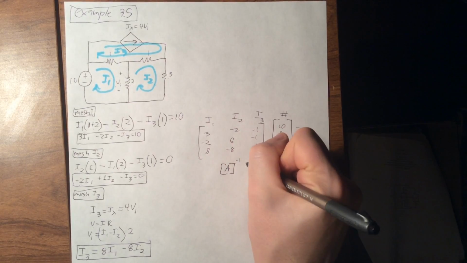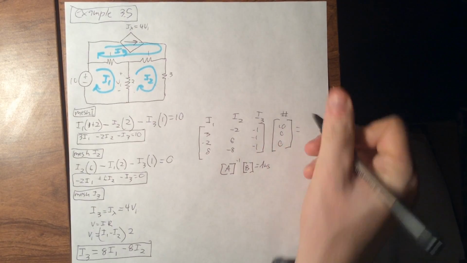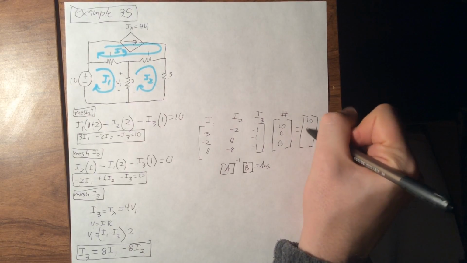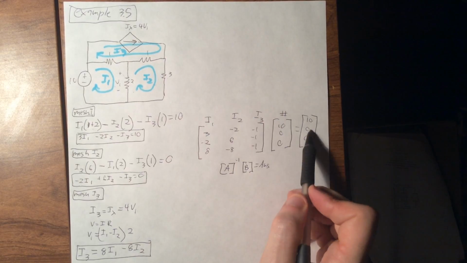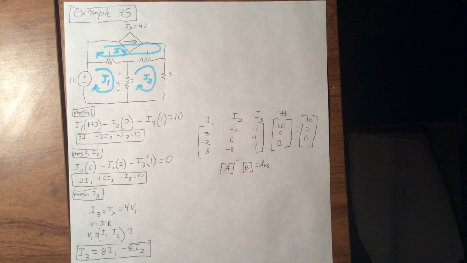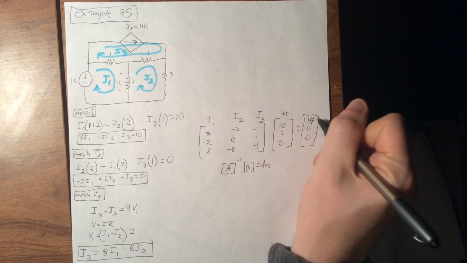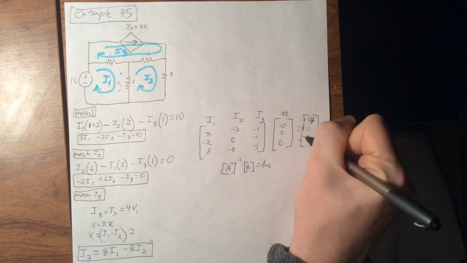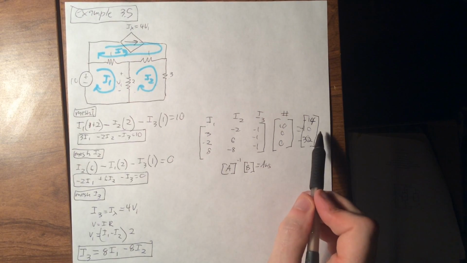Matrix A inverse times matrix B equals the answer. I1 equals 10, I2 equals 0, I3 equals 0. No, that's wrong. Sorry guys, I'm reading the wrong notes. I knew that was wrong because the values are not going to equal this output.